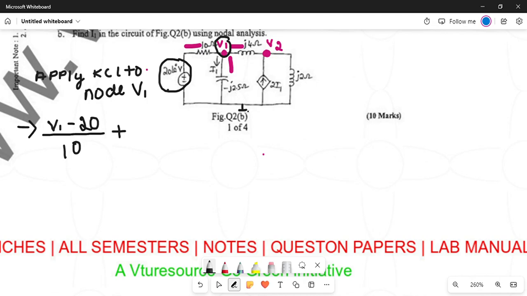And plus this V1 divided by minus j2.5 ohm. This is ground, so remember the ground. Don't forget to write this without fail. So it is plus V1 divided by how much? It is j2.5 ohm, so that is minus 2.5j.